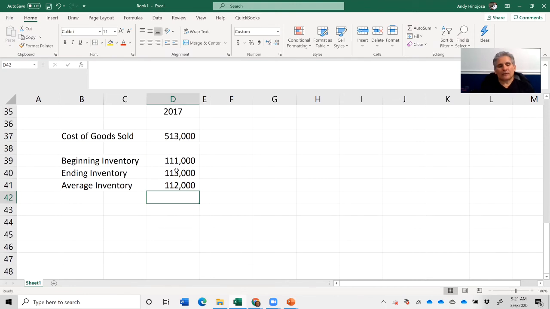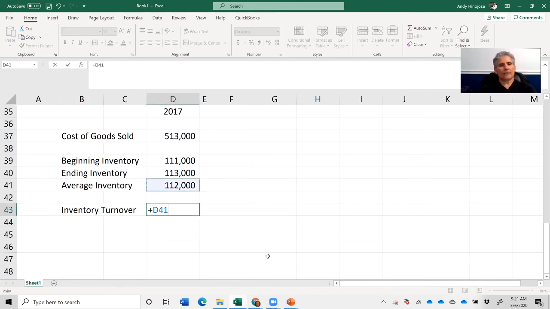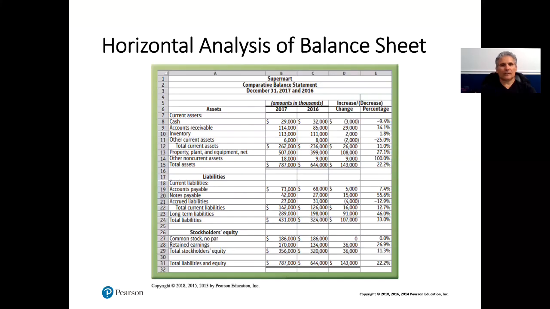So our average, you might have been able to eyeball this, right? The average is 112. So inventory turnover, we're going to take 513,000, and we're going to divide that by the average, which means 4.58. Let's see what they came up with.